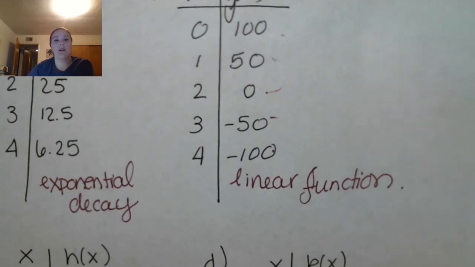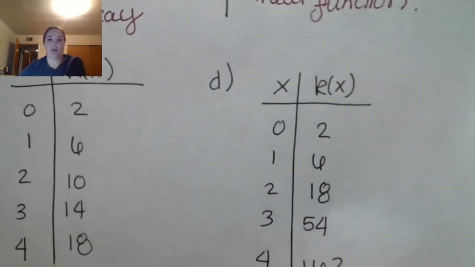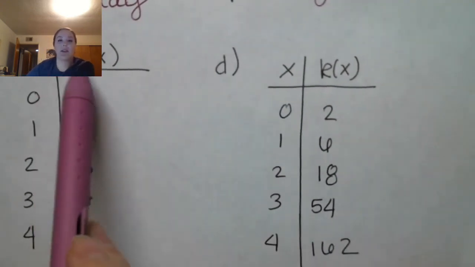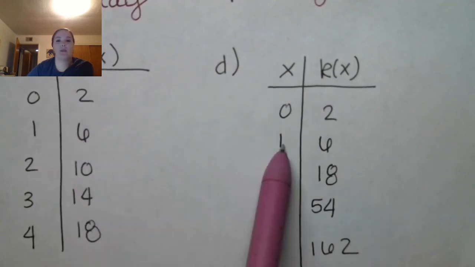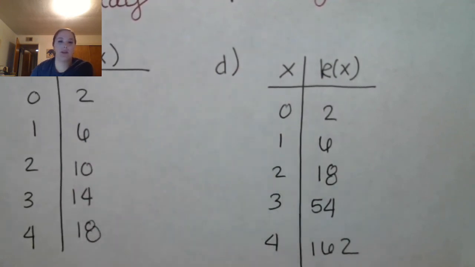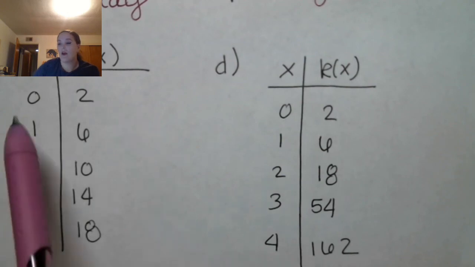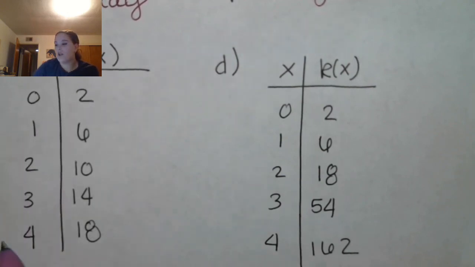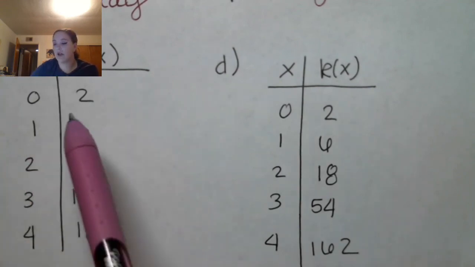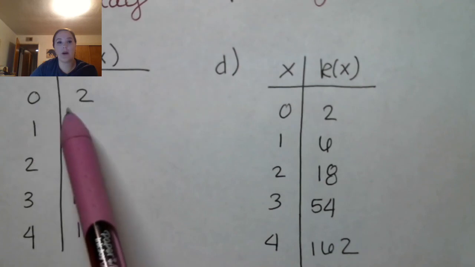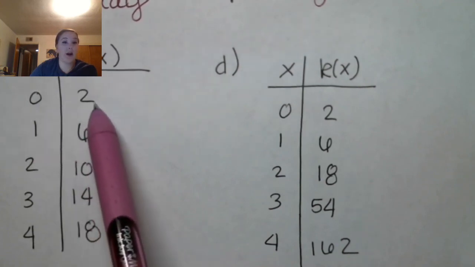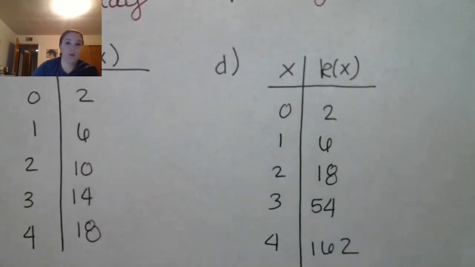Okay, let's look at our second two functions. Okay, again, you can see they have the first two same points, right? 0, 2, and then 1, 6. Okay, again, x is going up by 1 each time. So let's see what's happening to our y values. Okay, so as x goes up by 1, here we're getting either times 3 or plus 4.